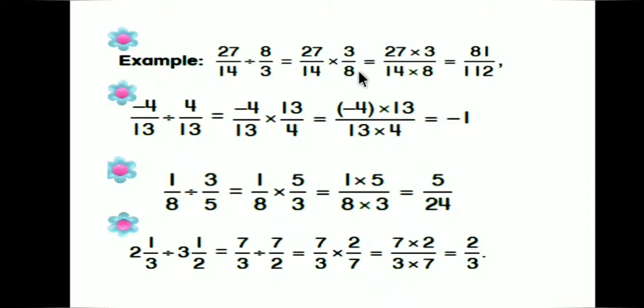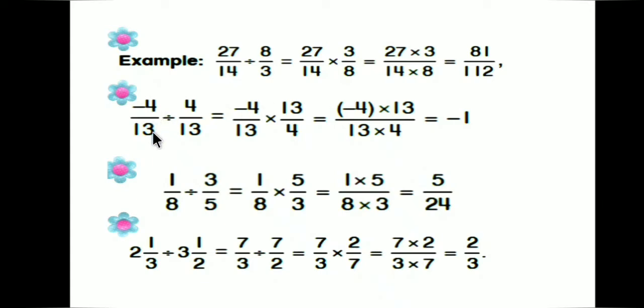Now we will multiply the first rational number with the reciprocal 3 upon 8. 27 into 3 upon 14 into 8. As we can see that there are no common factors, we cannot cancel any common factor in this. We will simply multiply the numerator part and the denominator part. So this is equal to 81 upon 112.